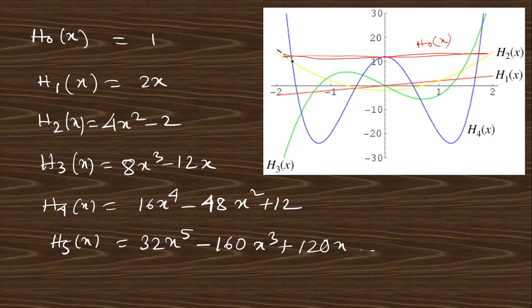And H3(x), this green one is H3(x), and then H4(x) and so on. This is the representation of these Hermite polynomials.